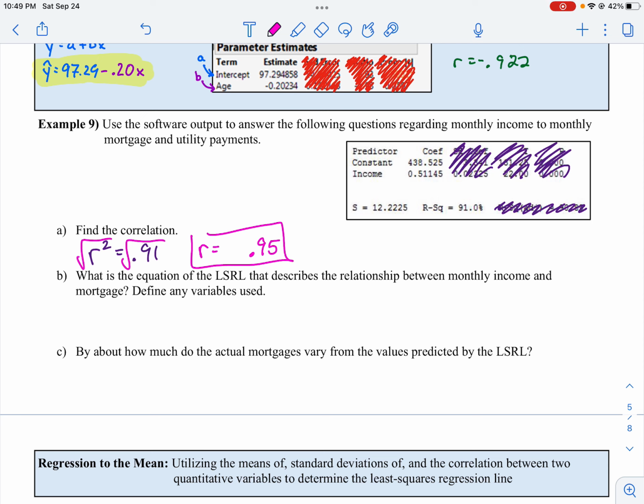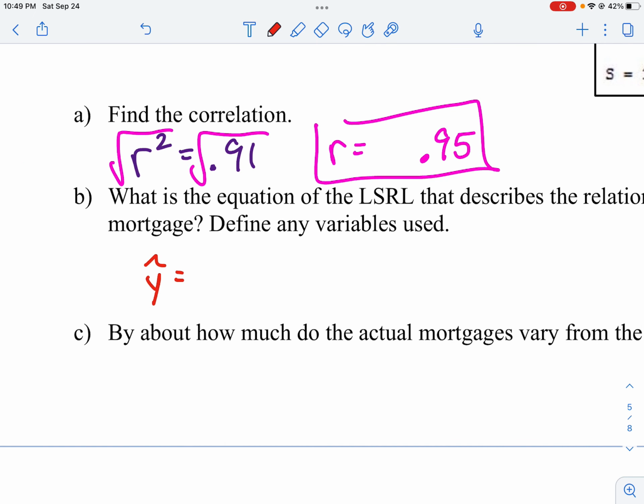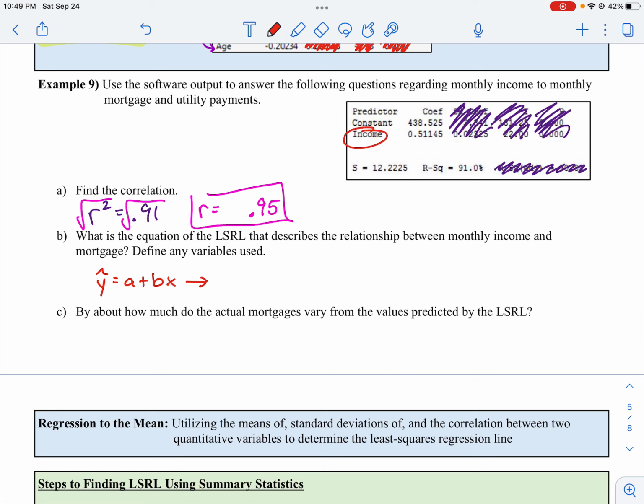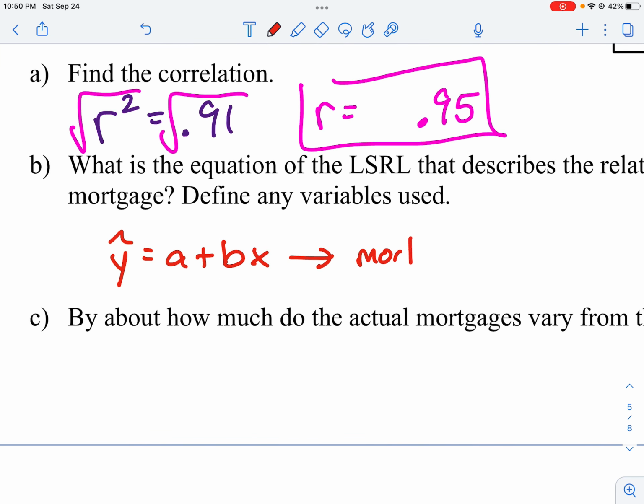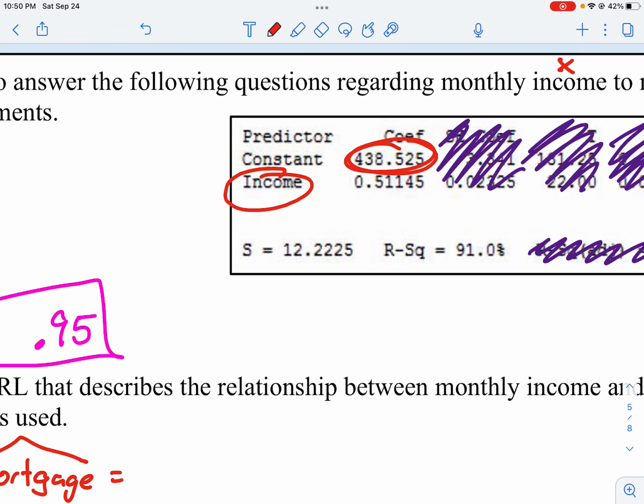What is the equation of the least squares regression line that describes the relationship? So again, that's going to come from this information here. We start with our y hat equals a plus bx. Well, we want to define any variables that are used. So income is our x, mortgage is our y. So the predicted mortgage is going to be equal to A, which is our constant right here, 438.525.